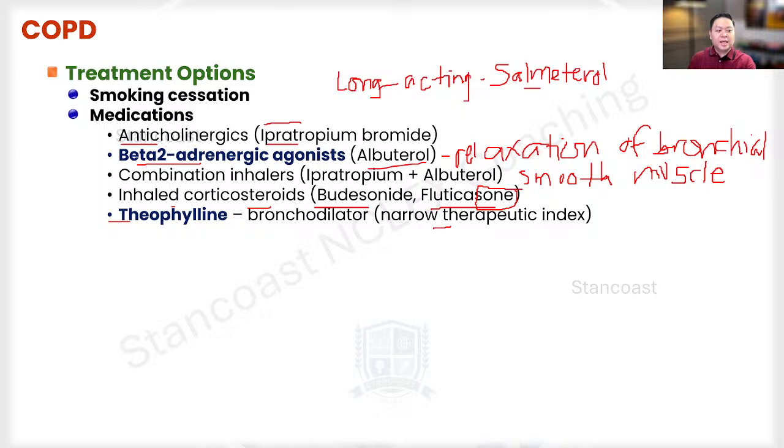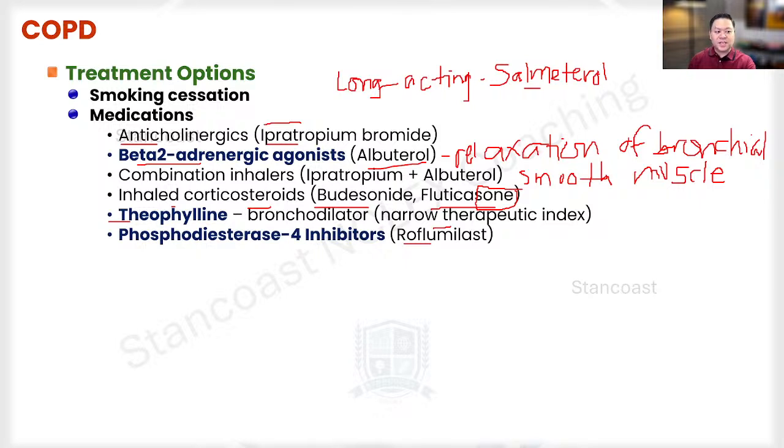All right. Now, we also have the phosphodiesterase 4 inhibitor. So what are these medications? Of course, this is represented by the roflumilast. And these medications can actually help relax the smooth muscles, and they're going to reduce the inflammation, and they're going to potentially lower the risk of the exacerbations.